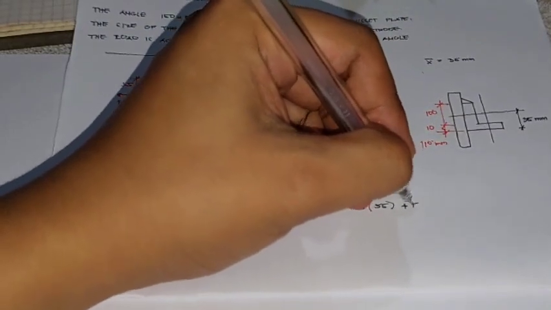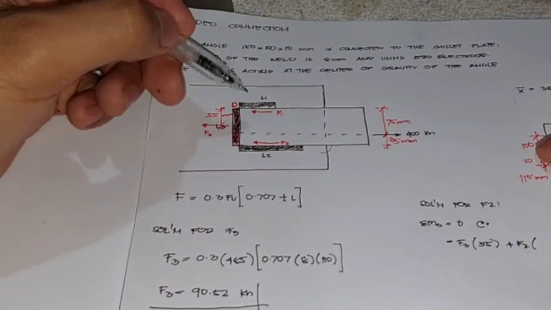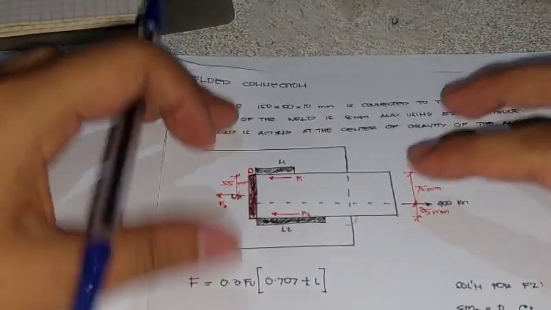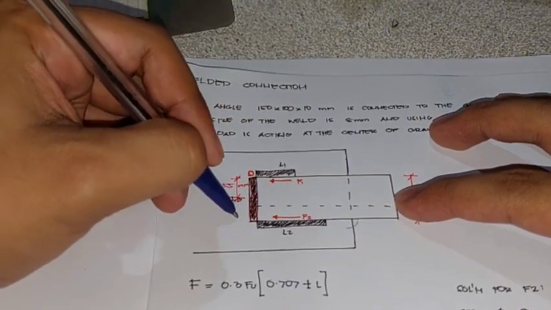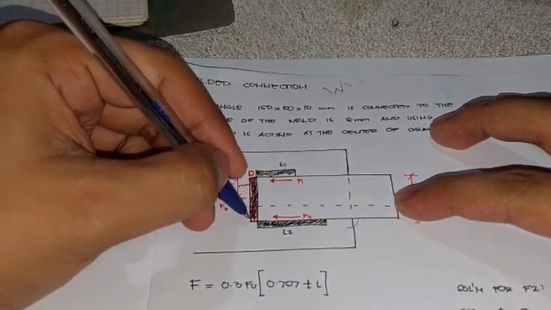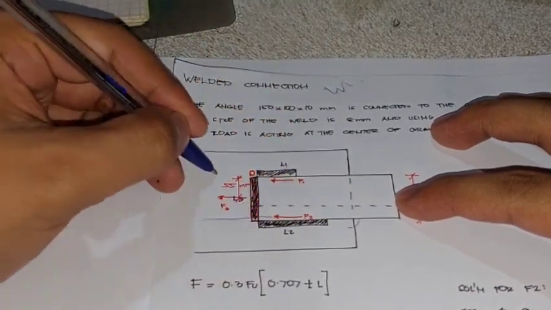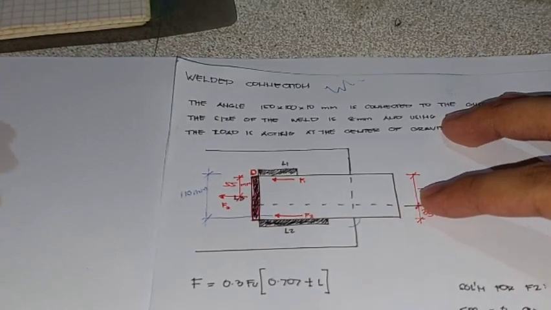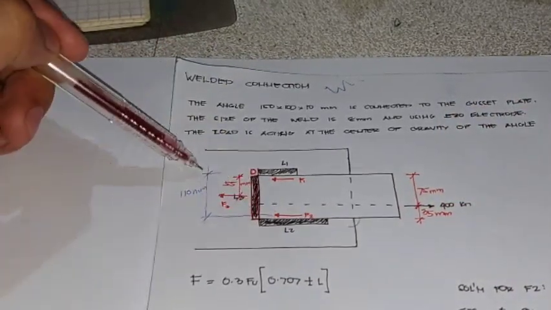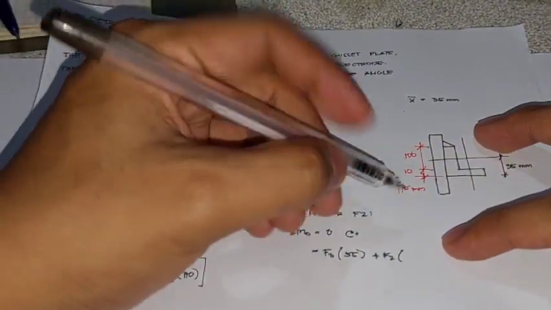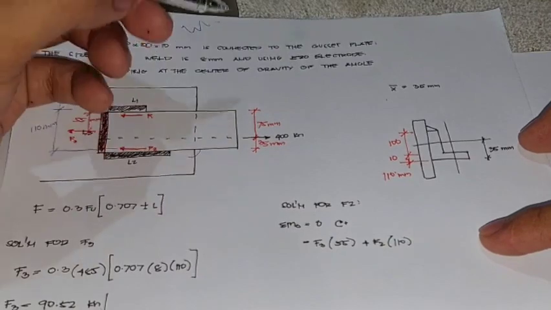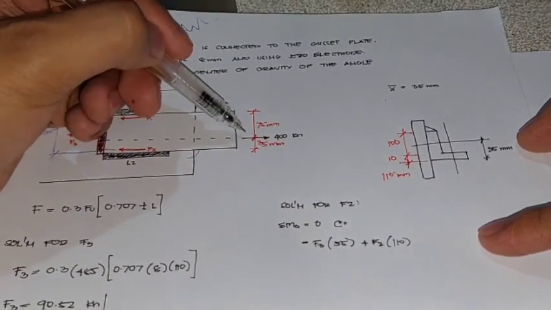So plus F2 times the moment arm, which is the distance from F2 to here, which is 110 mm, since it is at the bottom. Then minus 400 times 75, because it is counterclockwise.